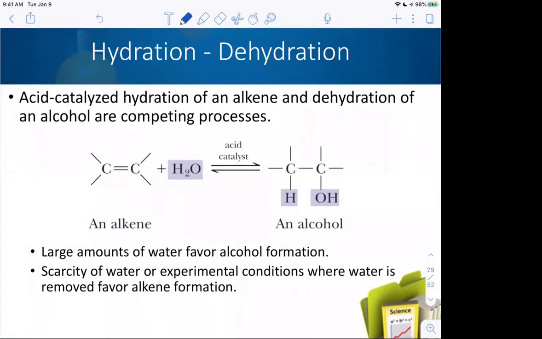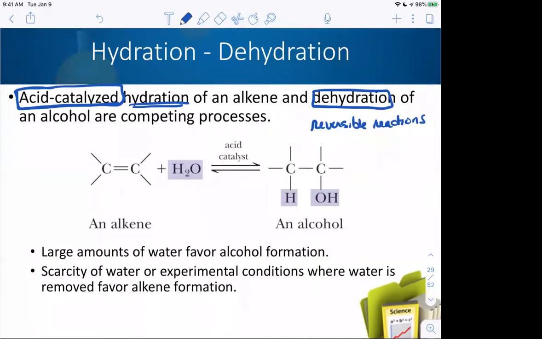Now, it should be noted that acid-catalyzed hydration, which is what we've been talking about, and dehydration of the alcohol are competing processes. So these are reversible reactions. I can go in this direction or I can go in this direction.